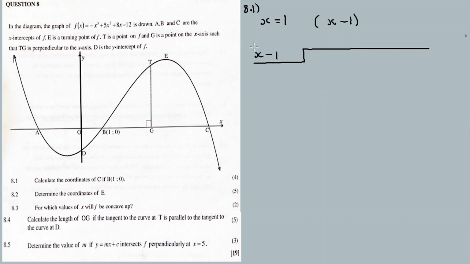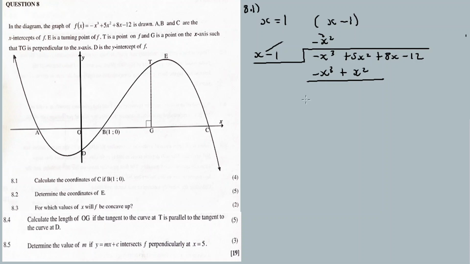Actually, let me demonstrate with the long division where you work out how. Take negative x cubed divided by x, it's minus x squared. Then multiply minus x squared by x to get minus x cubed, and minus x squared times minus 1 gives plus x squared.